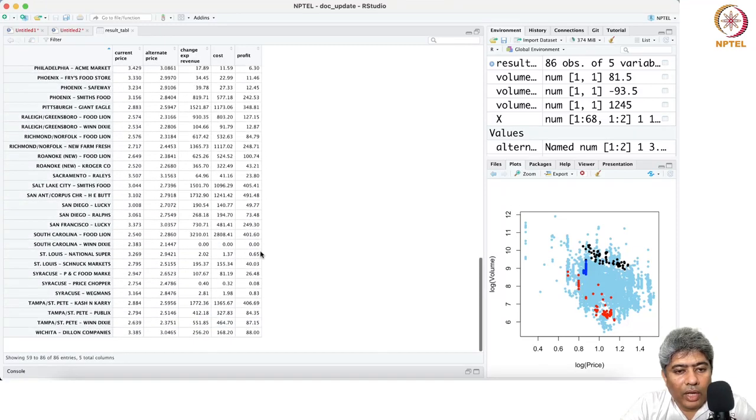Or anywhere if the profit is less than a certain value, they will not get a discount, otherwise they will get a discount. So this kind of discriminatory pricing practice sometimes helps companies to improve their profitability.